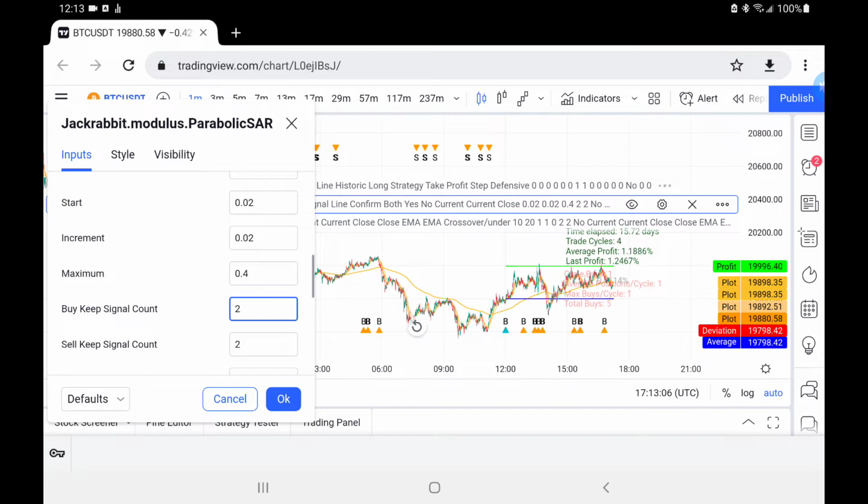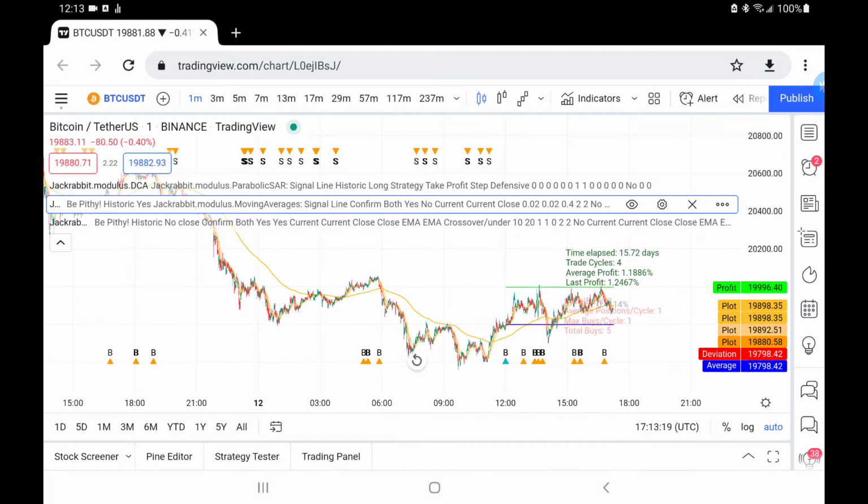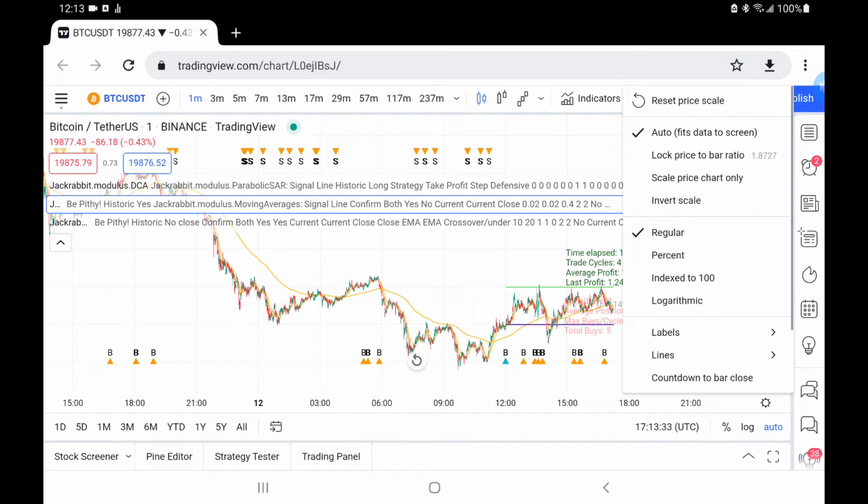I found for my risk, this is acceptable. I wanted something I can use on multiple coins. And you'll see on the right hand side of the chart where I have all the labels posted. This is actually very easy to do by clicking on the little sun right here and then clicking on the word labels.